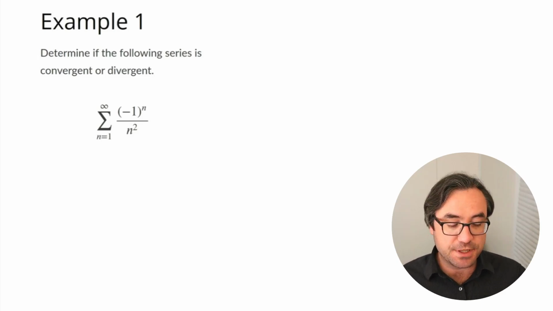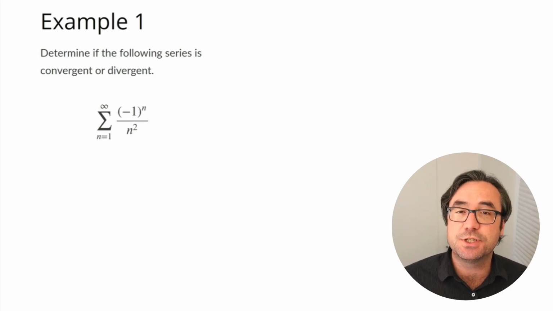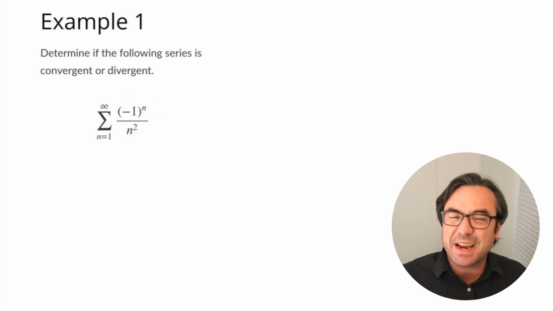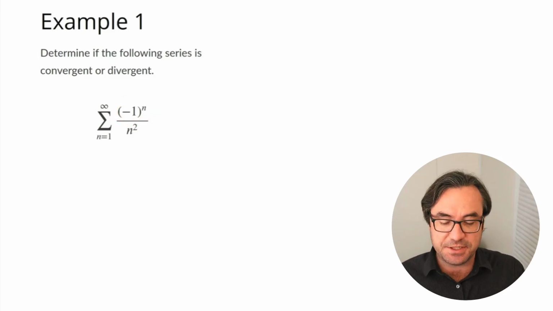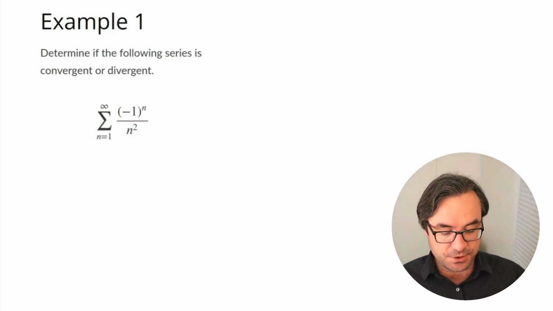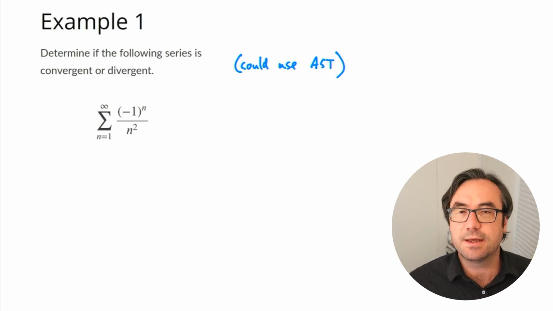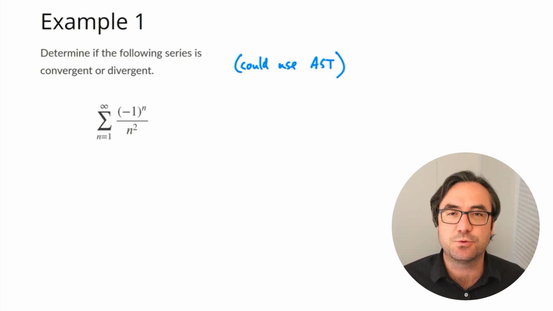Now, we could potentially use the alternating series test here. This negative 1 raised to the power n gives us that alternating piece. But we're going to try investigating this with the absolute convergence test.